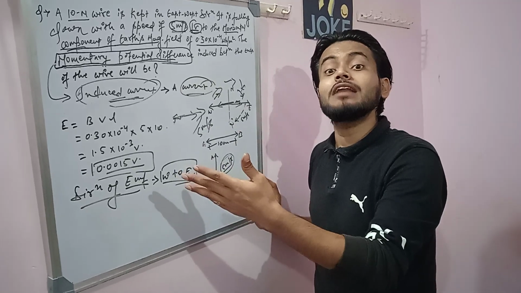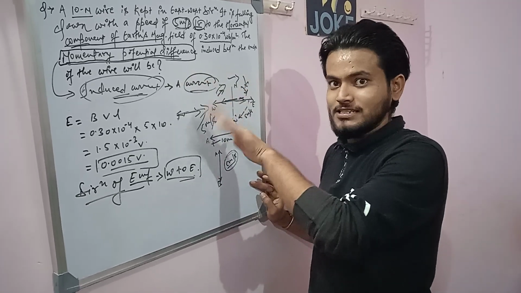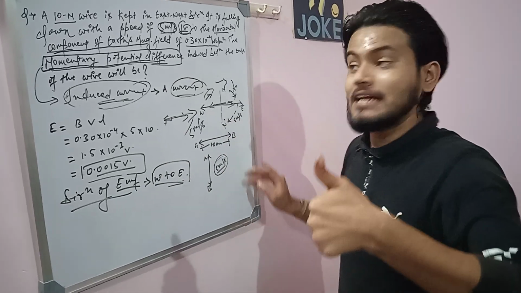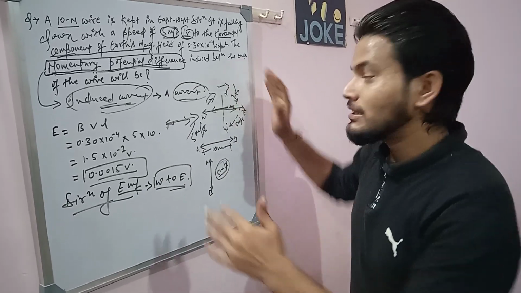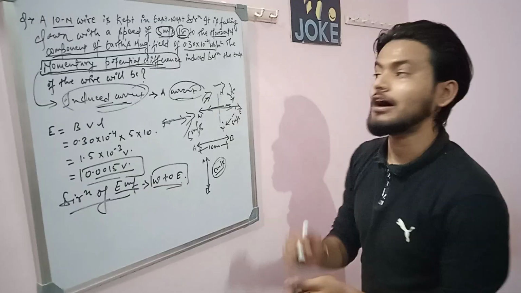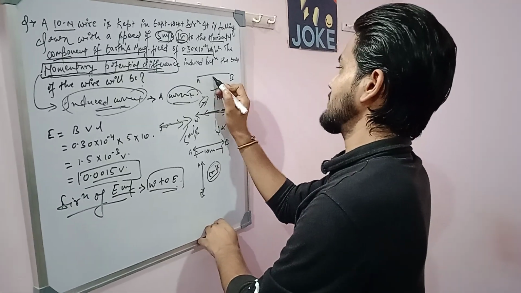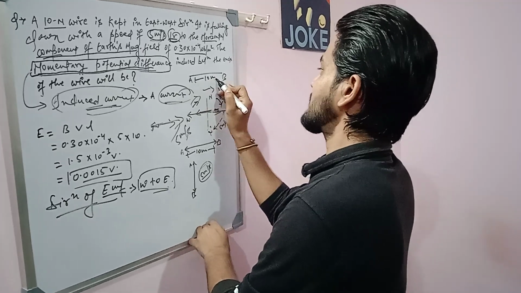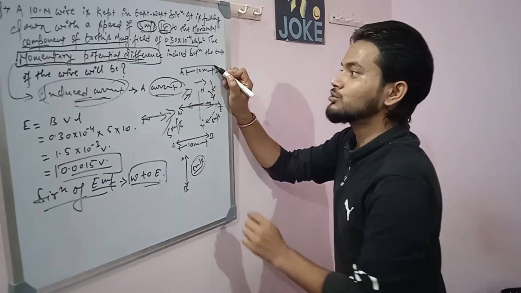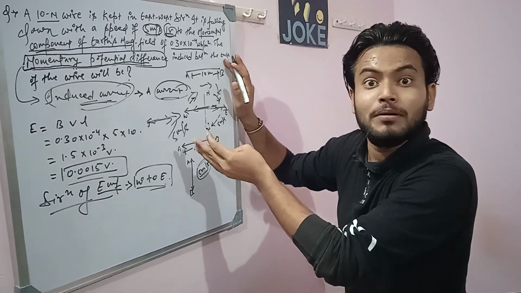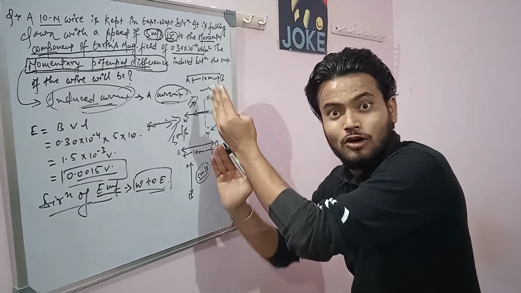Suppose additionally they can ask you one more thing in the same question: which end of the wire will have higher potential. The wire has two ends, right? A, B, this is 10 meter, right? Suppose they ask which end of the wire will have higher potential, then always remember the wire is coming down, vertically downward from horizontal.